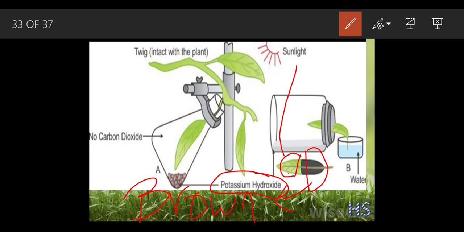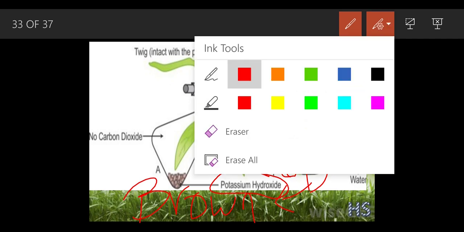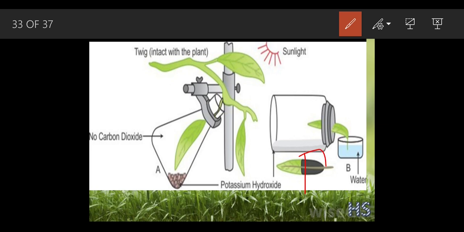This part which is green in color was getting sunlight and carbon dioxide also, but this part of the plant which is a bit brown was kept in the sunlight, but we have kept this part in the KOH and there was no CO2, so that is why it turns brown.